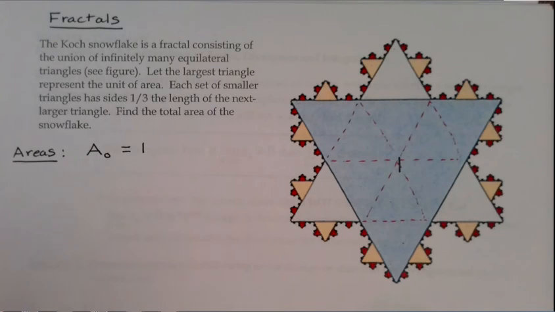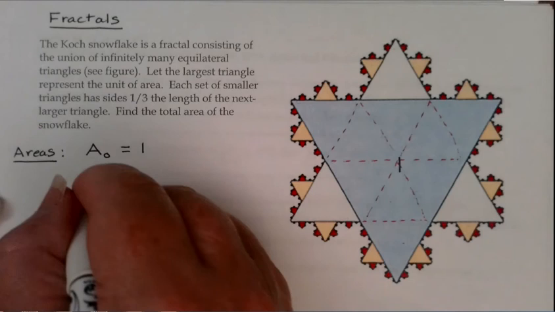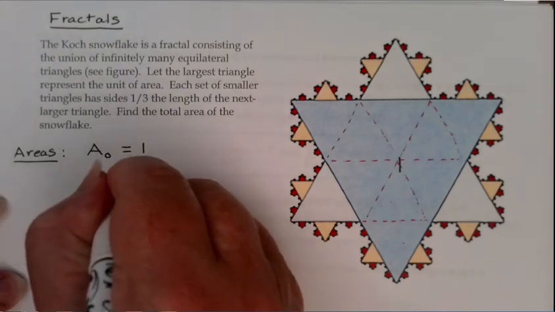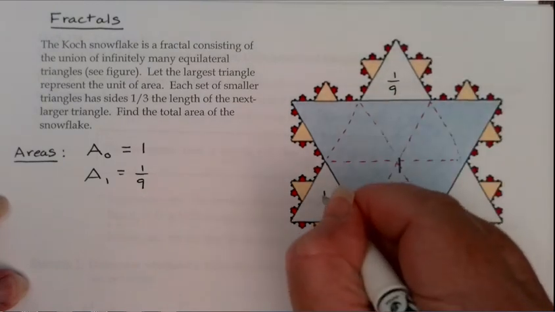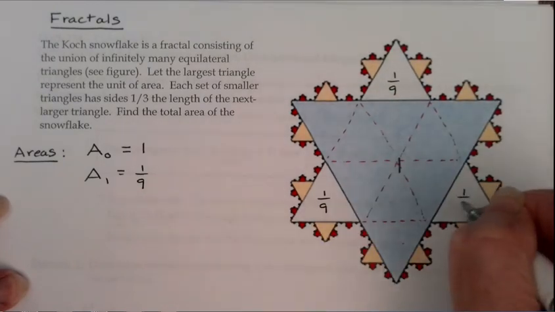So if you don't like the 1/3 times 1/3 is a ninth logic, you could use the geometry logic that those smaller triangles are exactly a ninth as big as the original. So I'm going to say A1 is 1/9, and that would refer to all three of these triangles.